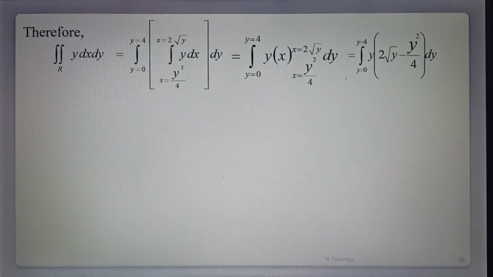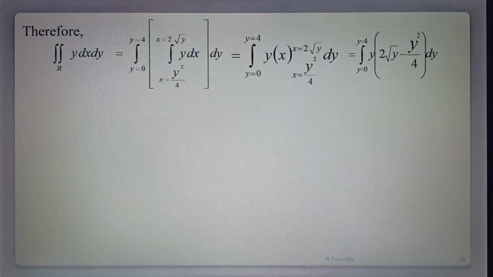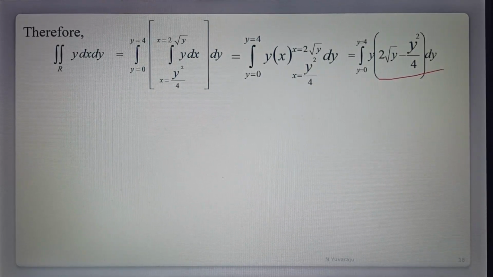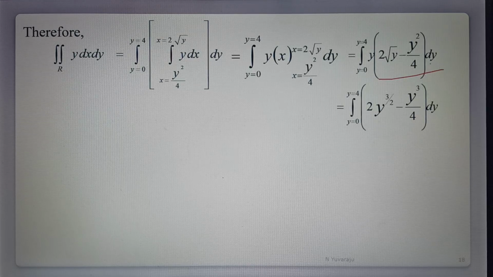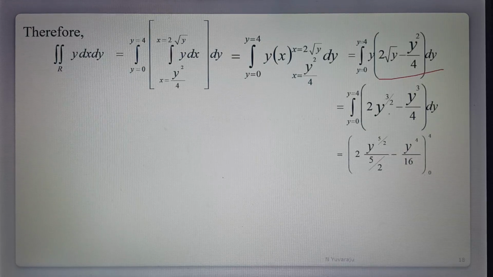So that is equal to integration 0 to 4 of y into (2 root y minus y square by 4) dy. So first simplification is, y is equal to 0 to 4, 2 into y power 3 by 2 minus y cube by 4. Now integrating with respect to y, that is equal to 2 into y power 5 by 2 by 5 by 2 minus y power 4 by 16, upper limit 4, lower limit 0.